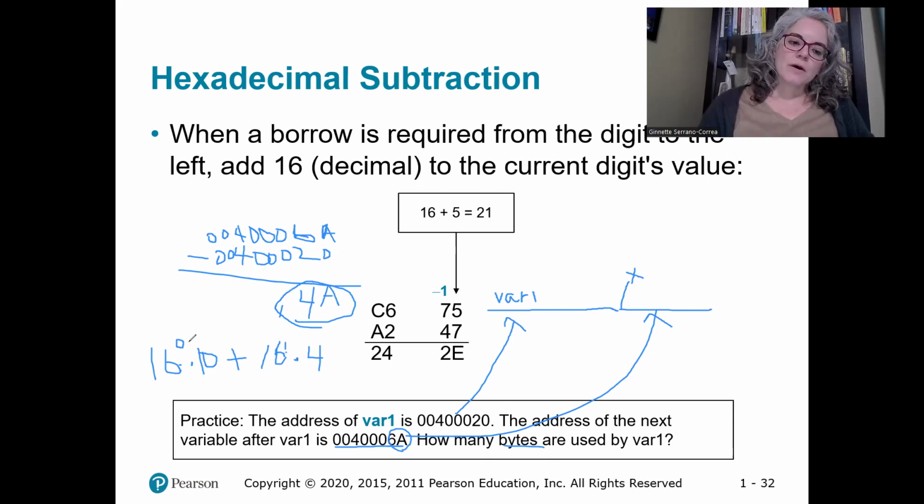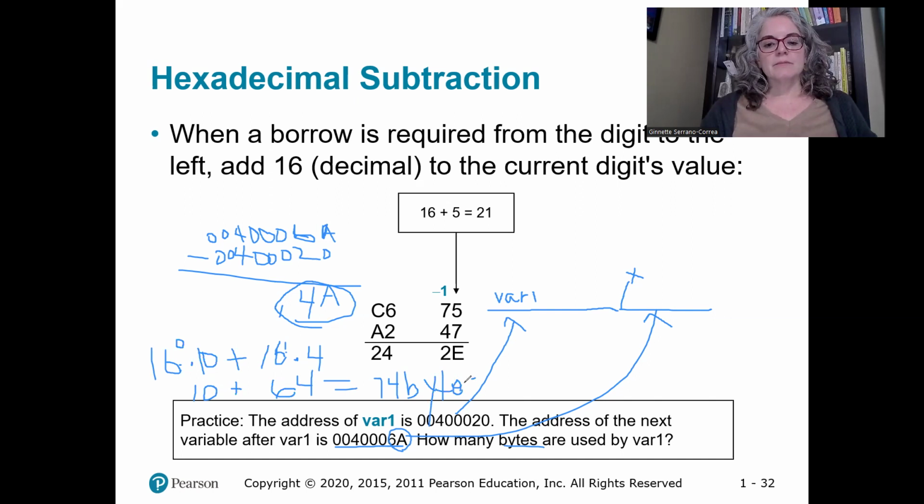So 16 to the power of 0 is 1, 1 times 10 is 10, that's easy. 16 to the power of 1 is just 16, 16 times 4, 16 plus 16 is 32, 32 plus 32 is 64. So that equals 74 bytes. That is how many bytes var1 takes.